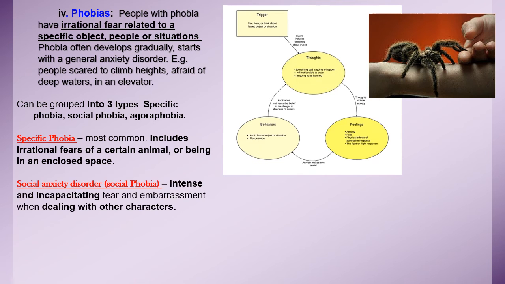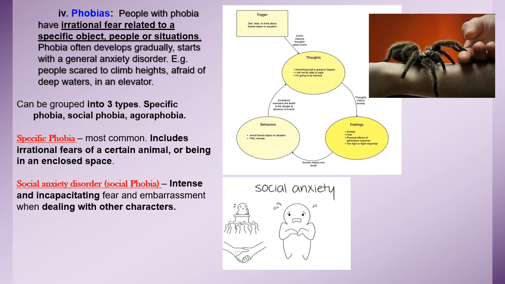Next we have social anxiety disorder, also known as social phobia. That is an intense and incapacitating fear and embarrassment when dealing with other people. Many times we see that people are afraid to talk with people, let alone address an audience or a crowd, where the person has to go on a stage and address a meeting or any kind of event, and will not be able to.